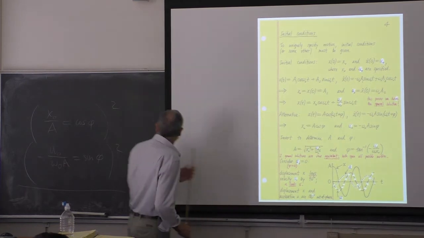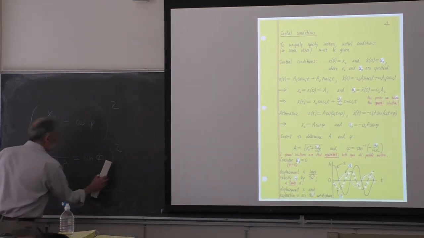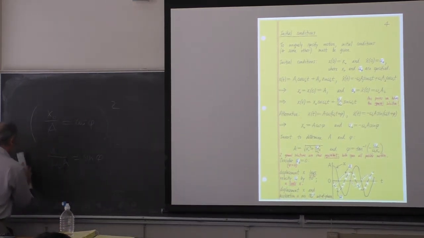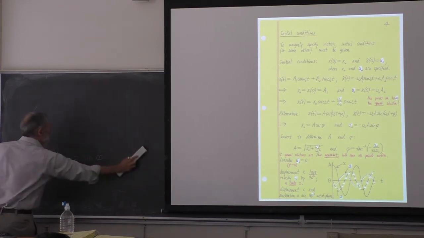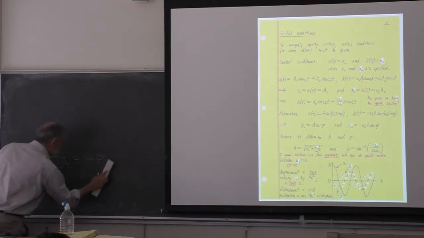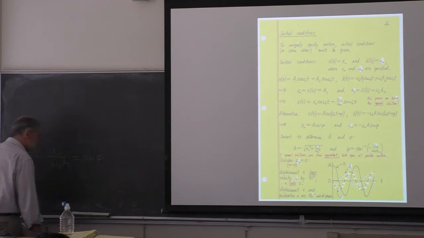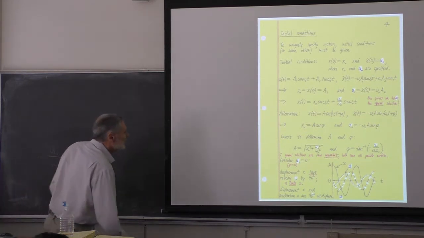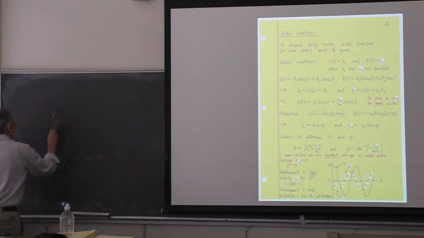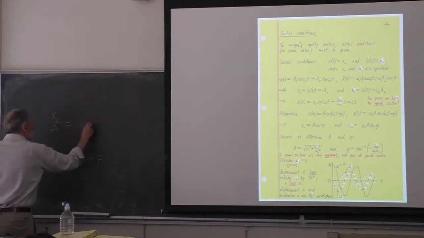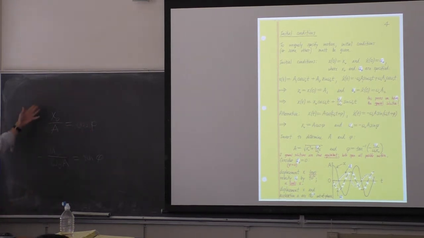The remainder we need to do now is to solve for phi. There are other ways of doing this, but this is the quickest way. How do I eliminate a from these equations here? I take the ratio.